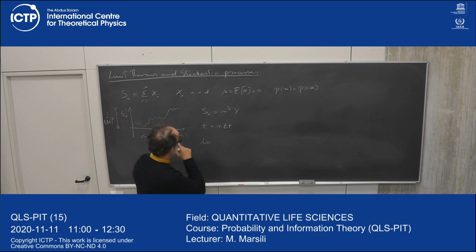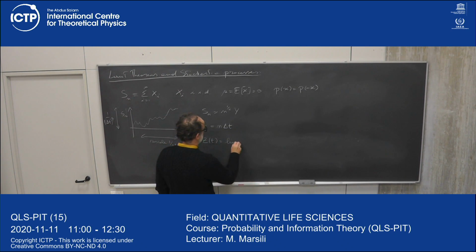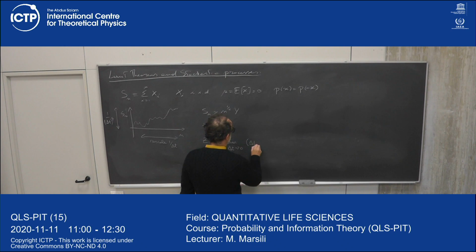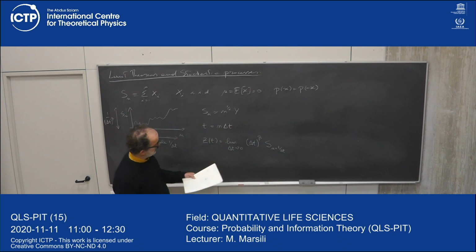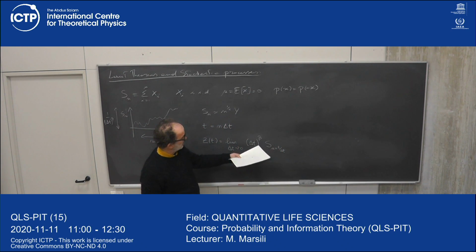And now if we define a random variable z of t as the limit as dt goes to 0 of dt to some power beta times s of n computed in t divided by dt, then we can ask what is the value of beta that I should use in order to get a finite limit.